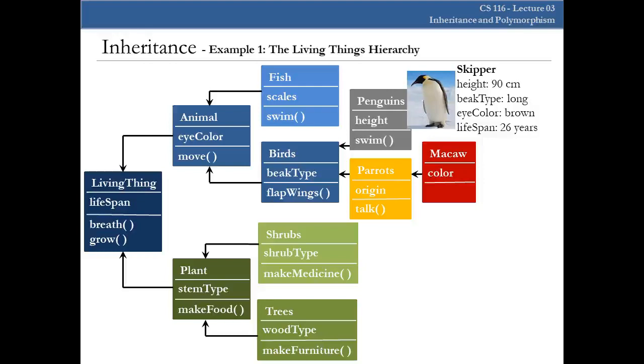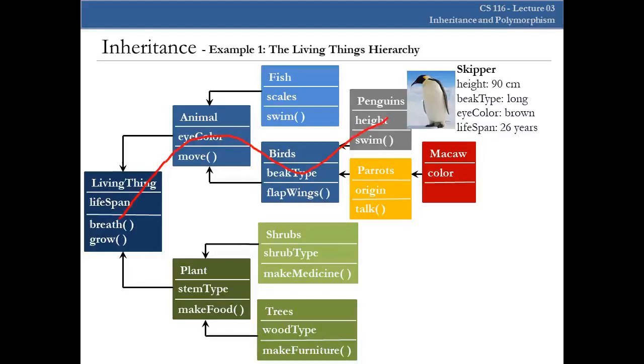As we have discussed before, since Skipper is an object of class penguins, it can have access to this attribute and method of class penguins, height and swim, and it has access to all the attributes and methods of its parent classes in the hierarchy.